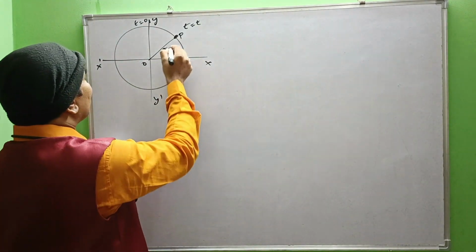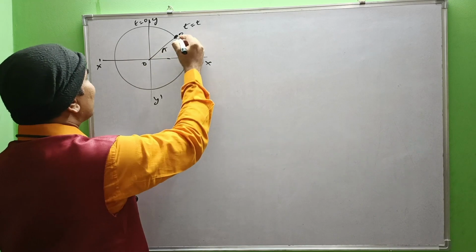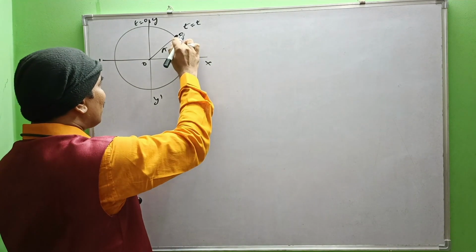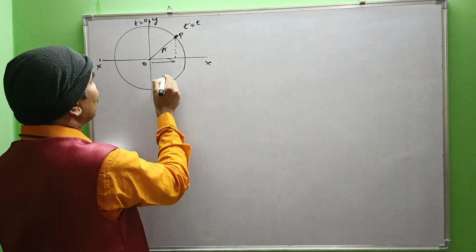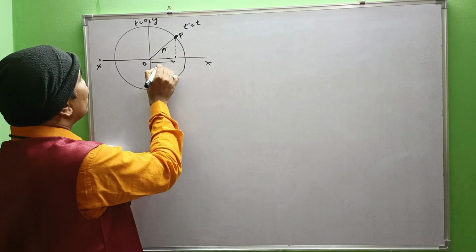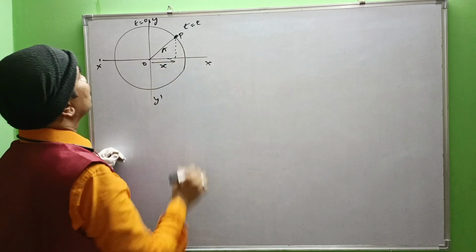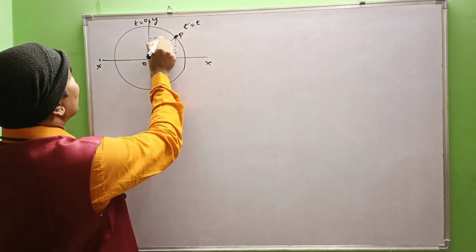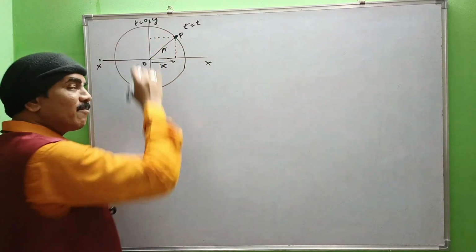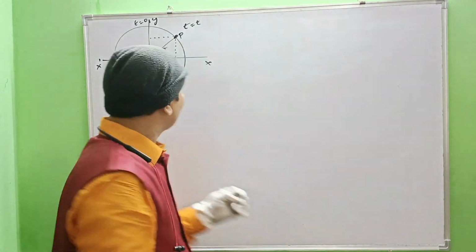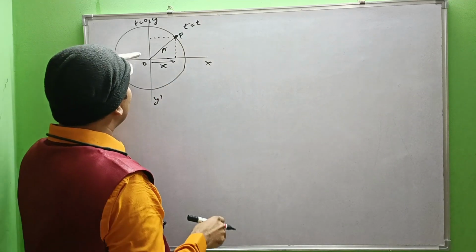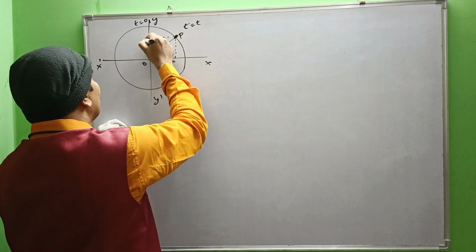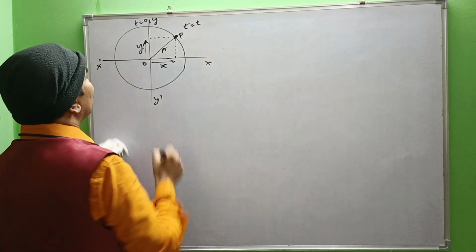Now if I take normals onto both the x and y axes like this, see this is the x axis. I am taking one normal onto x. So here the intercept is nothing but the projection on x, the displacement of the projection, that is x, from the mean position. Similarly, if I take one more normal onto the y axis, this intercept is the projection on the y axis, equivalent to the displacement of the particle along the y axis, that is y, right?